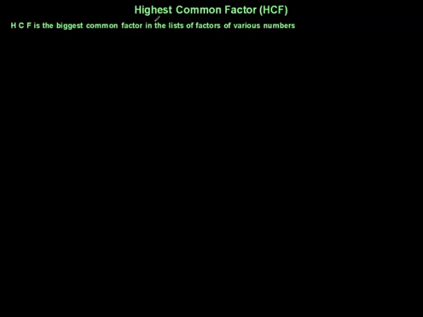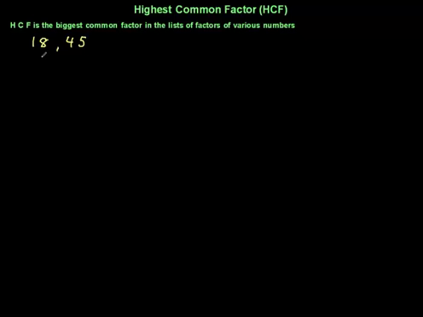What we're going to look at is how to find the highest common factor of two numbers using a very common technique, finding a list of factors. So let's try finding the highest common factor of 18 and 45.